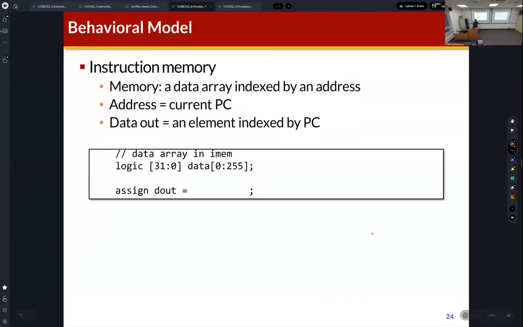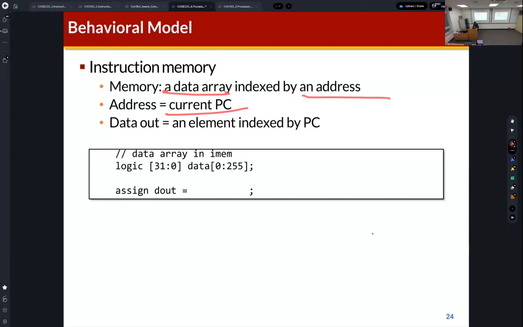And then how about the instruction memory? What is the memory? The memory is a data array, and this data array is indexed by an address. This is an instruction memory, so the address is the current program counter. If the address is given, then we can get the corresponding data element indexed by this address.